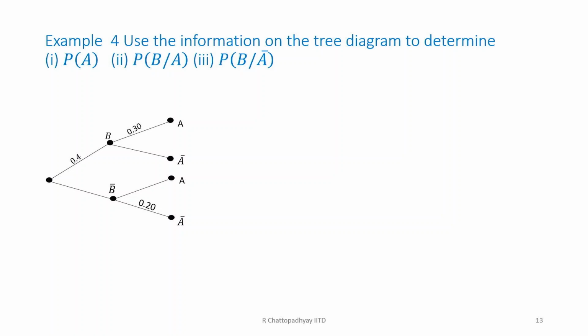There is no text in the example, just a tree diagram. A figure is there and some values are quoted. These are the 3 values which are given here. We have to find out what is my P(A) or P(B given A) or P(B given A bar). This is what we need to find out. So how to solve this particular problem?